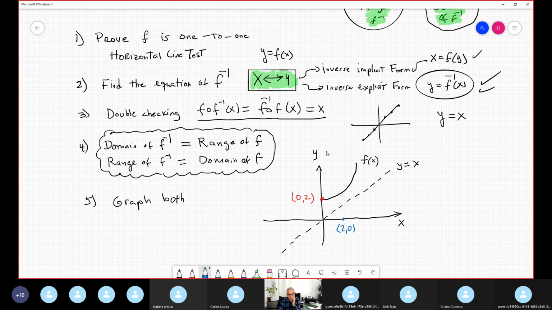Suppose hypothetically another point here, I don't know, suppose we guess (4, 5). This guy. The other guy is (5, 4). Approximately here, (5, 4). And the curve looks like that.